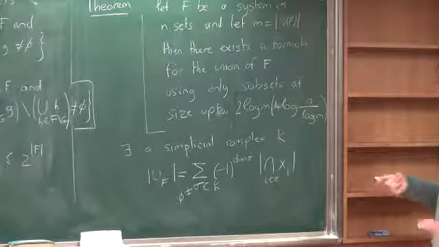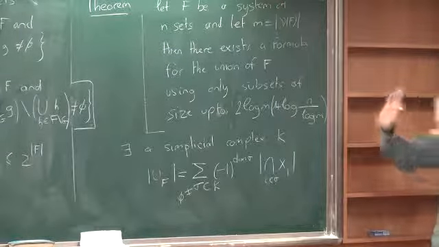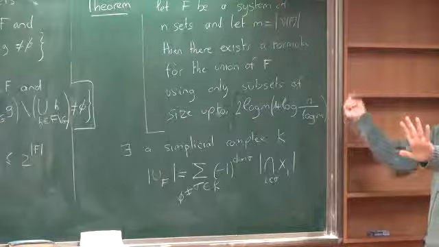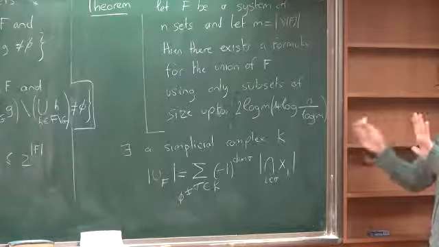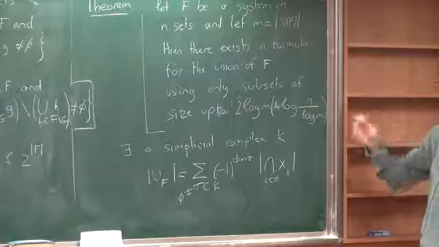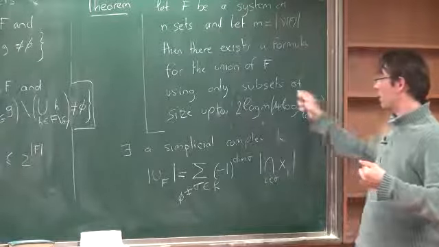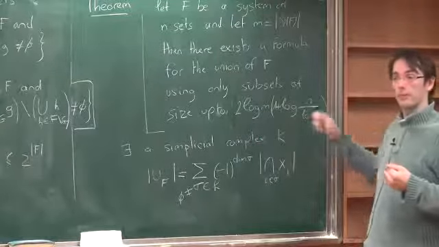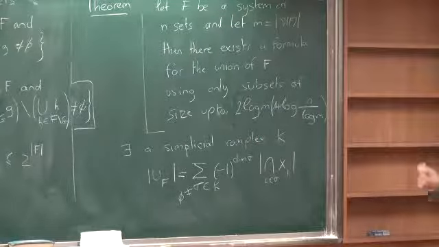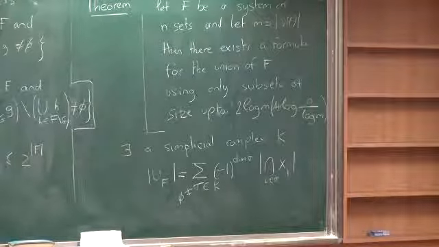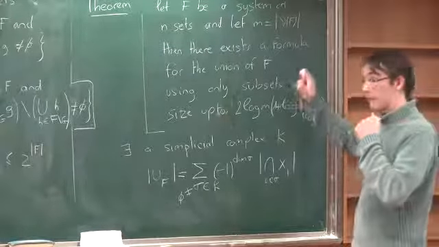Okay, so I'm really starting from the complete inclusion-exclusion formula, and I'm deleting terms. And what I'm saying is, it's always possible to delete terms and keep only terms involving subsets no larger than this. Okay, that's what I mean by a formula. And it's going to be exact, but it's going to be exact for this f.